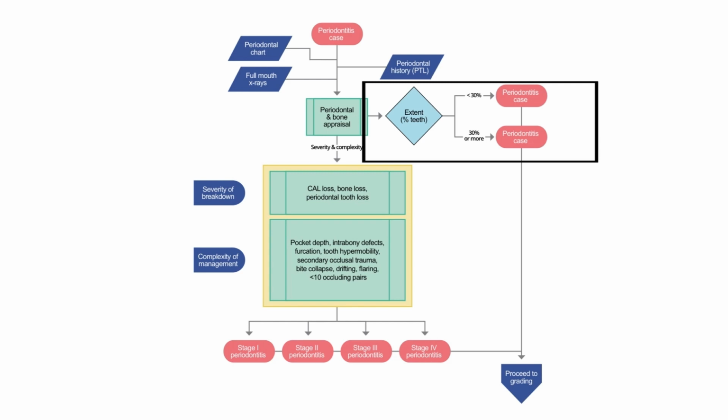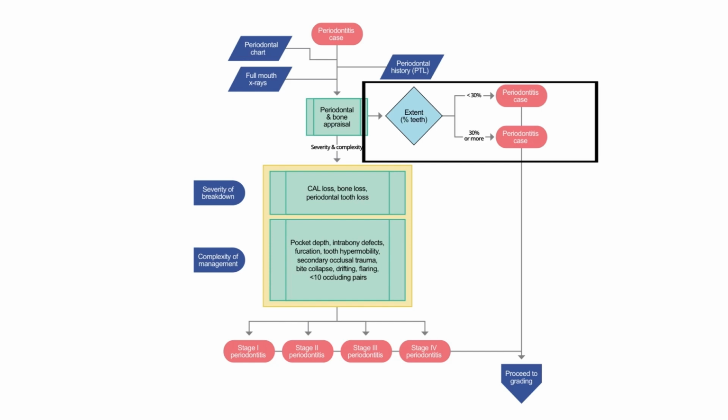So for example, in a particular case that has been diagnosed to exhibit stage 3 periodontitis, the extent will be determined to be localized if the percentage of teeth with bone loss beyond the coronal third of the root is less than 30%. On the other hand, if a larger proportion of teeth is affected by bone loss of that severity, the extent will be considered as generalized.